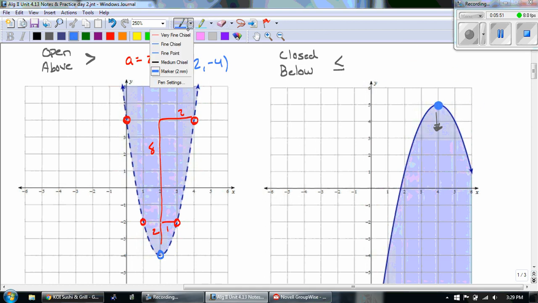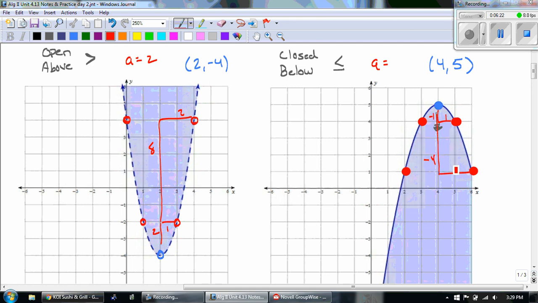Boom. There's my vertex. And that is the point 4, 1, 2, 3, 4, 5. Then figuring out my pattern, it's negative because I'm going down, and that's down 1 over 1, and 1, 2, 3, 4. Boom. There it is. So we went down 1 over 1, down 4 over 2.